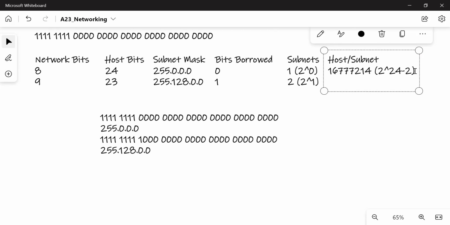Since we have two subnets, when you divide by 2, each subnet will have about 8 million hosts. You don't have to remember these numbers, but for completeness I will put them. To get the actual value, since 23 bits remain, you get 2 to the power 23 and subtract 2.